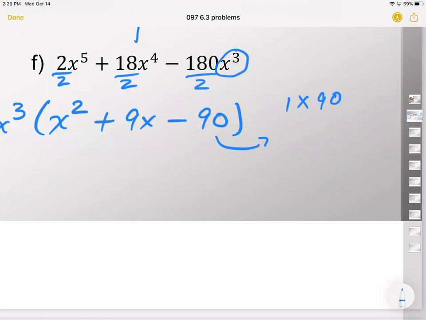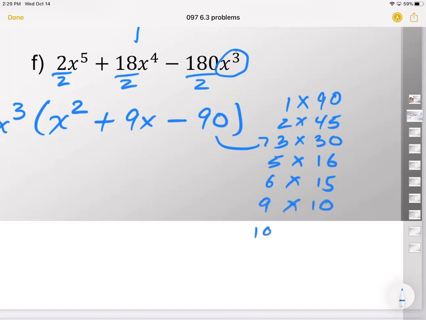Do you agree that 1 times 90 is 90, 2 times 45, 3 times 30? 4 cannot go into this item here. 4 does not go into 90 evenly. 5 times 18, 6 times 15. 7 cannot go into this number. 8 cannot go into this. 9 times 10, and the next number after 9 will be 10 times 9.